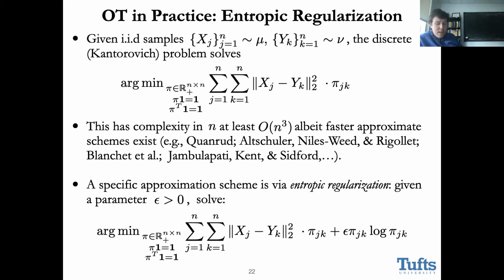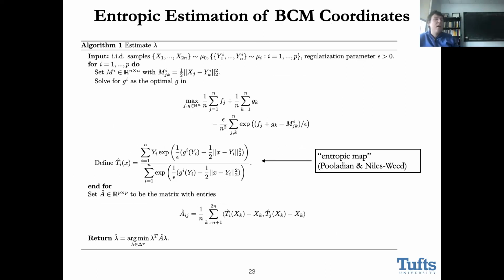What's the reason to do this? This is strongly convex now, and we can use Sinkhorn's algorithm for matrix scaling to get a pretty good and, importantly, parallelizable scheme. So it's basically computational. The algorithm we actually use is this: if I give you samples from the measures mu0 and the reference measures mu1 through mu p, I'm going to compute an estimate of the optimal transport maps from mu0 to mu i.